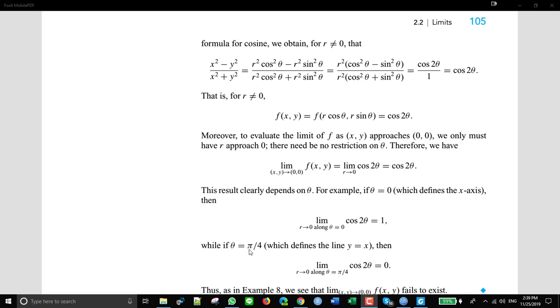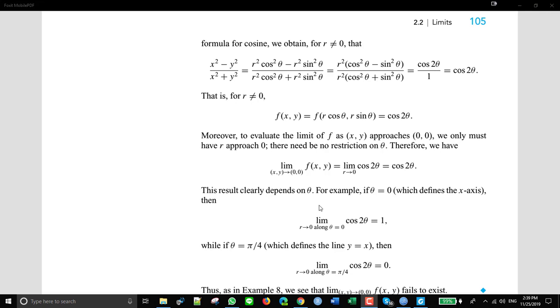So when theta equals 0, which defines the x-axis, then we get 1. And if we take a different path, if theta equals pi over 4, which defines the line y equals x, then we get cosine of 2 times pi over 4, which is pi over 2, which is 0.